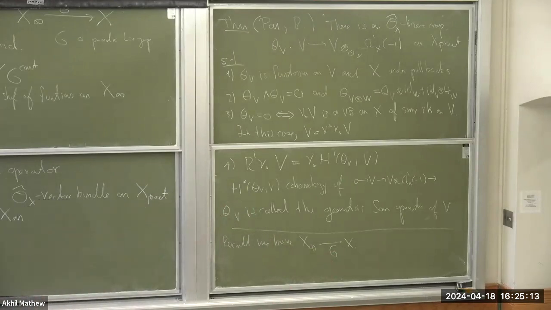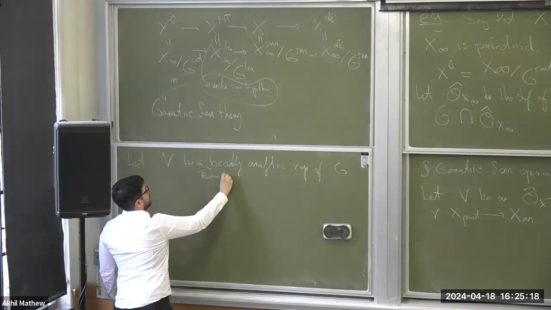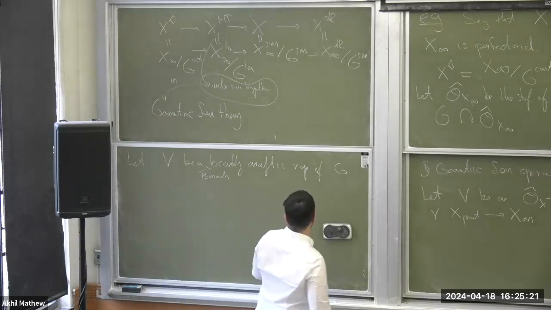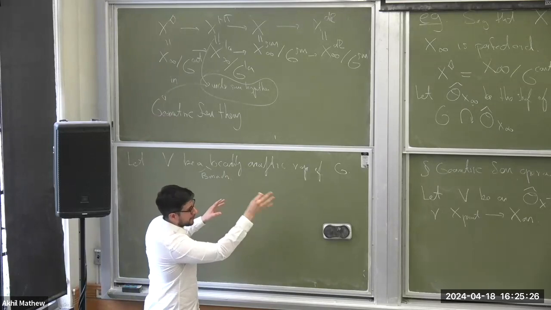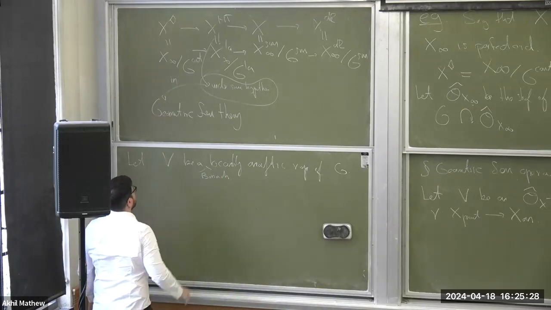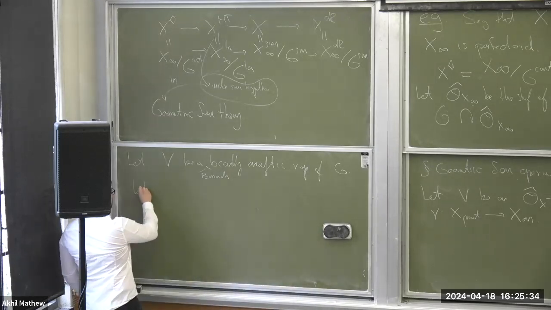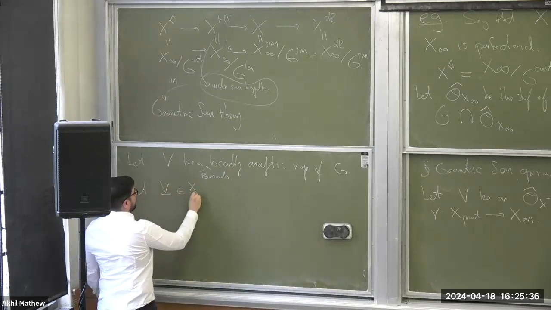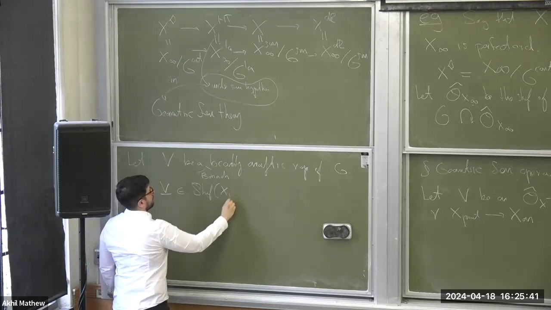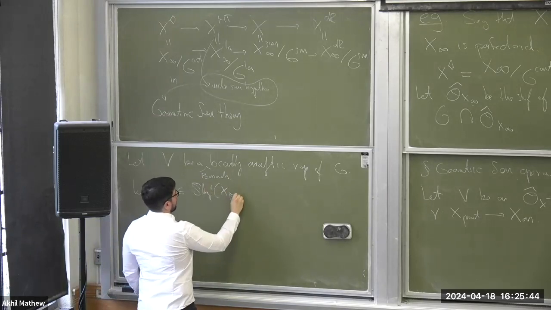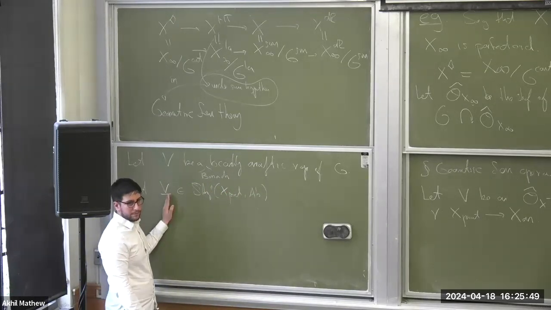Then let V be a representation of G, and for simplicity, say it is Banach. Everything is as proven and stated. The total cycle is just defined by this set.